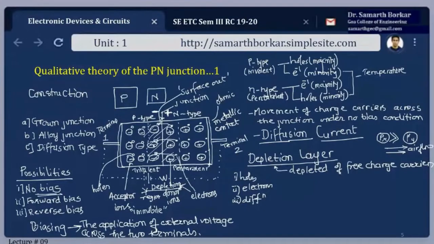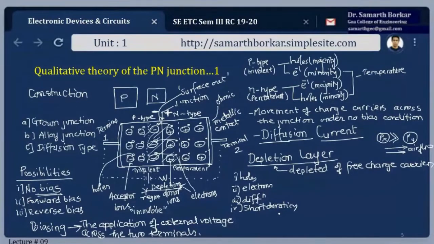Now, this diffusion of holes and free electrons across the junction occurs for a very short time. Fine, it occurs for a very short duration.